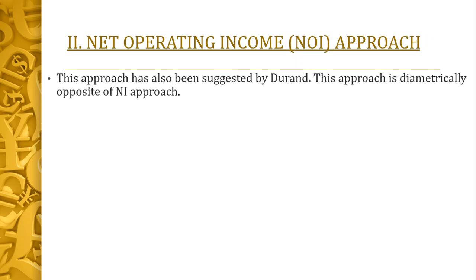Now, the net income approach was given by Durand, and even the net operating income approach is also given by Durand. But the one feature of the net operating income approach is that it is exactly opposite of the net income approach, or in accounting words you can say it is drastically opposite, or what in our common language we say dead opposite, exact opposite.